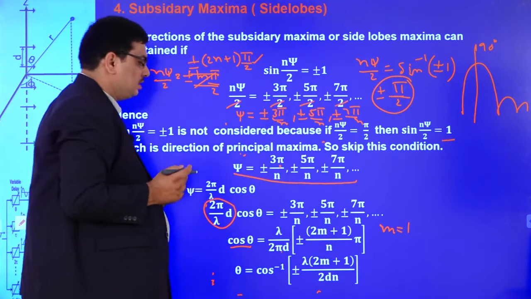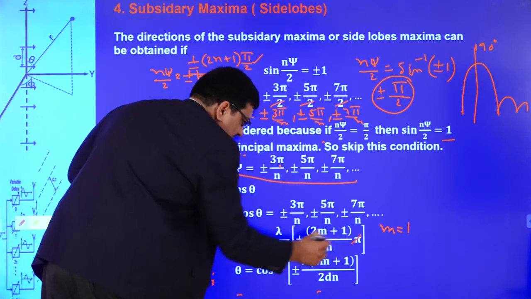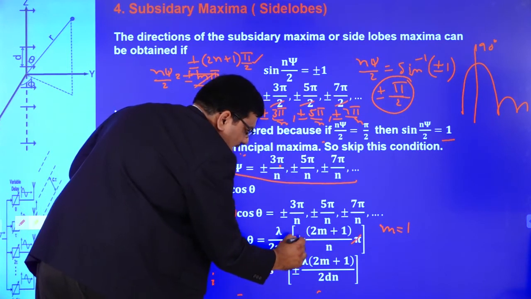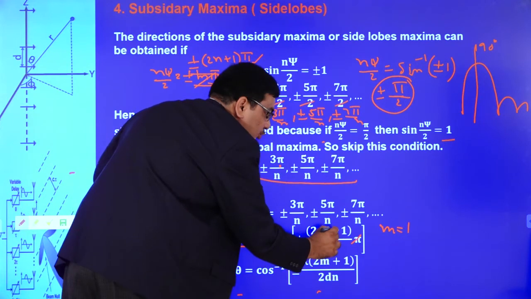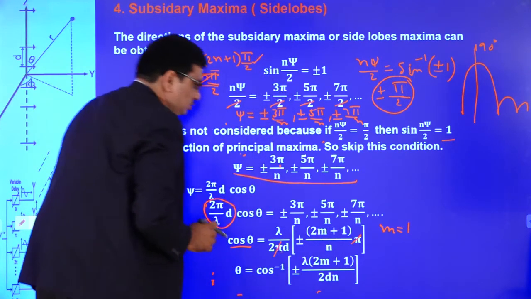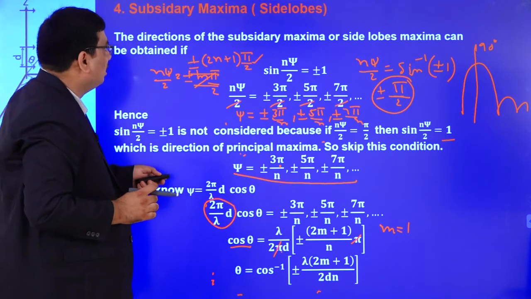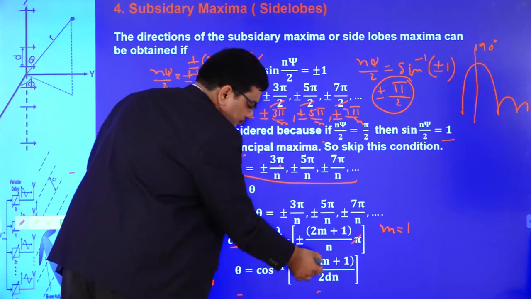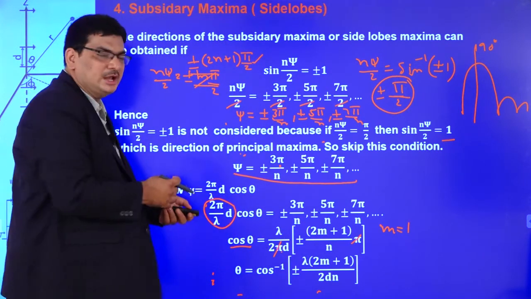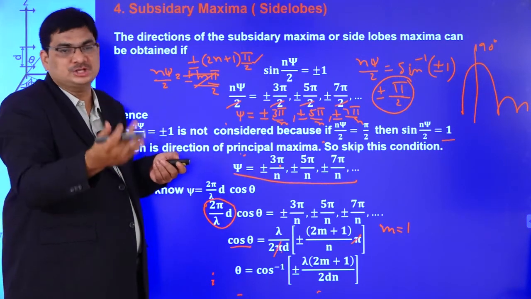Here again π and π get cancelled, and your θ equals cos inverse of plus or minus λ(2m+1)/(2dn). So this is the condition for your subsidiary maxima or side lobe levels. If you substitute different m values, different n values and different d values, you can get the different side lobe levels at different positions.